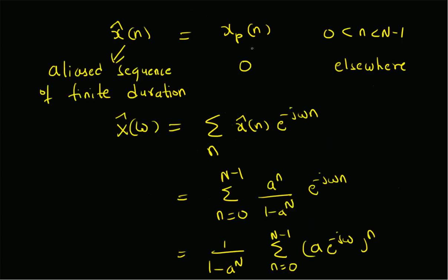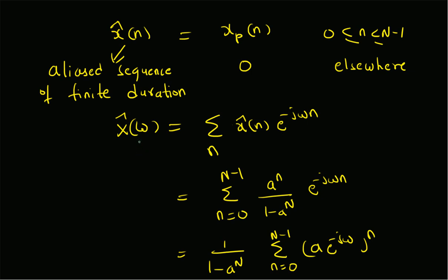And then we extract the finite sequence from this periodic sequence of infinite length. So x hat of n is given by xp of n only for values of n between 0 and N minus 1, that is, 0 and N minus 1 are included. So x hat of n is a power n by 1 minus a power capital N for n equal to 0 to N minus 1. So we can construct the Fourier transform of this finite sequence.